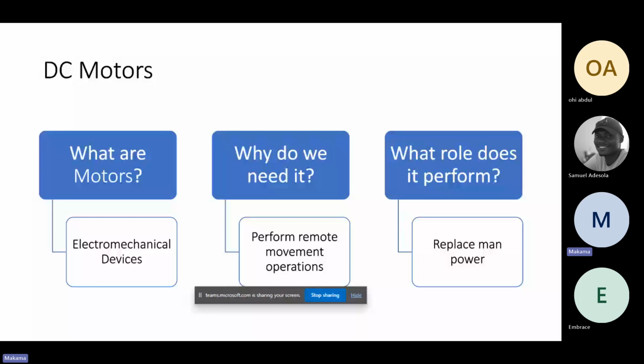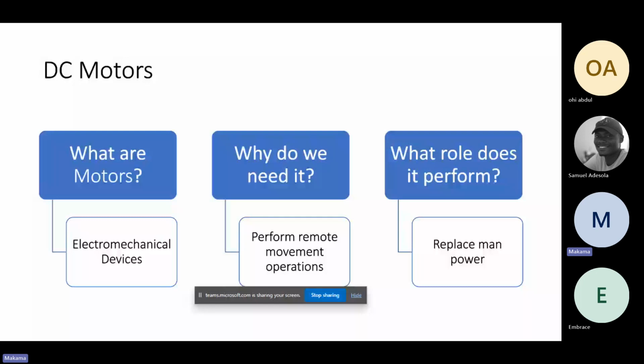They sometimes replace manpower. Instead of you moving from point A to B to open a door, let's say you are lying on your bed, you don't want to open the door and someone is knocking. From where you are lying, a motor can do that job and open the door for you.